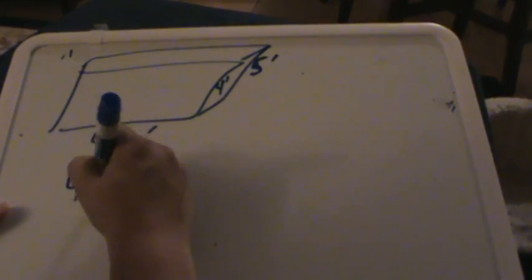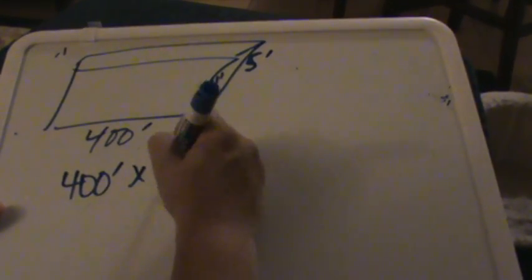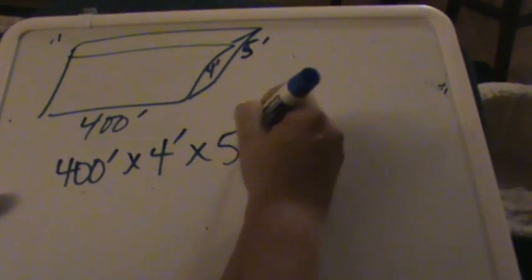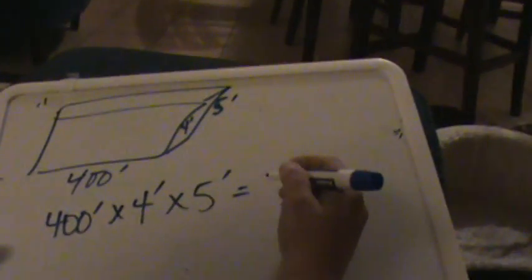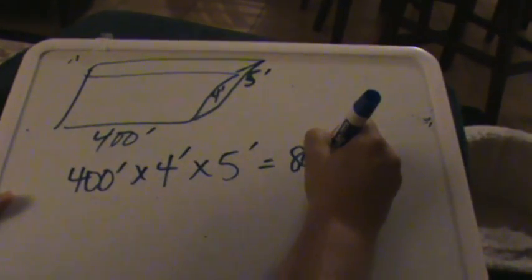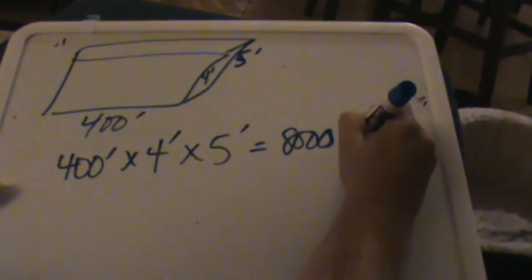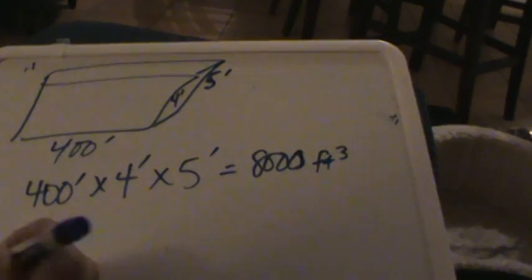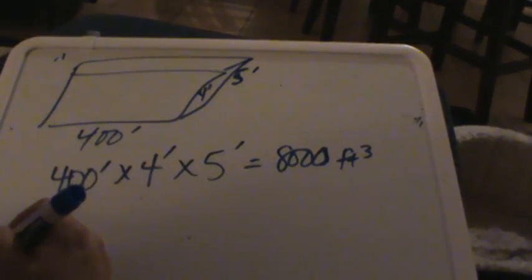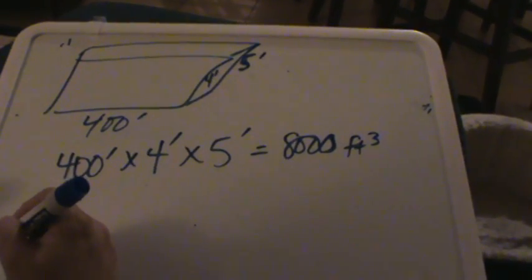So our formula is length times width times height. 400 times 4 feet times 5 feet. That will give us 8,000 cubic feet.